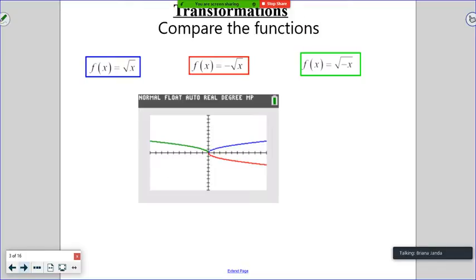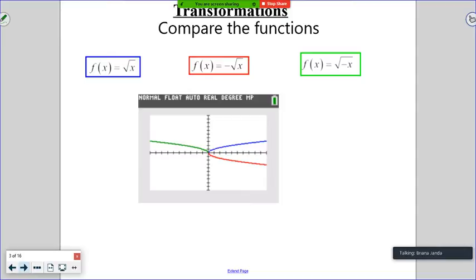Reflections is kind of the last time that looking at it on a calculator can be pretty obvious as to what's happening. Again, you guys will never graph these on a calculator, but I did this just to show you that I took the parent function, f of x equals the square root of x, which is the blue one, and I put a negative in front, and in front would be considered outside of our function, right?